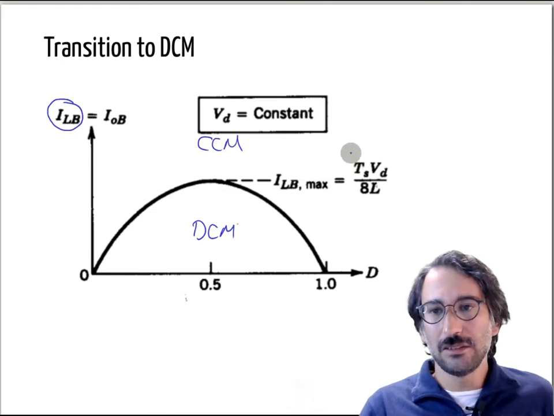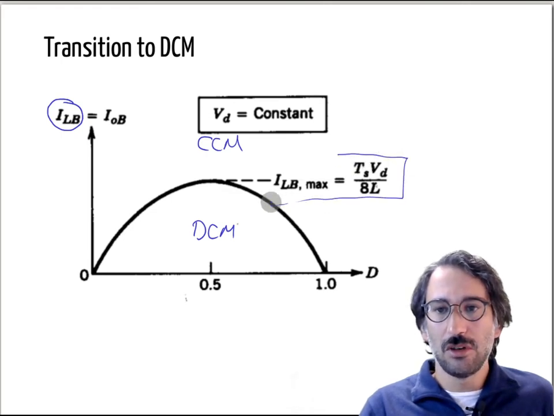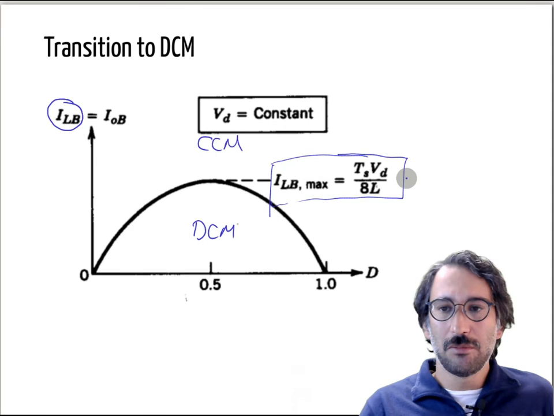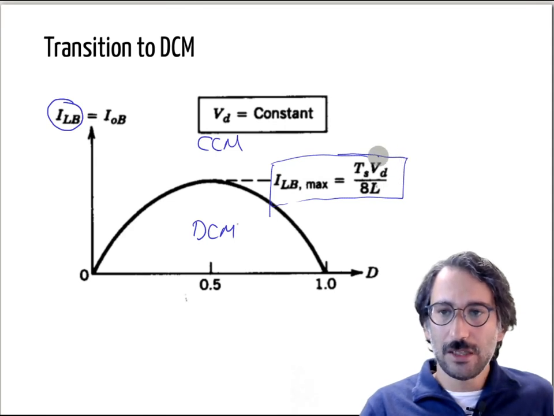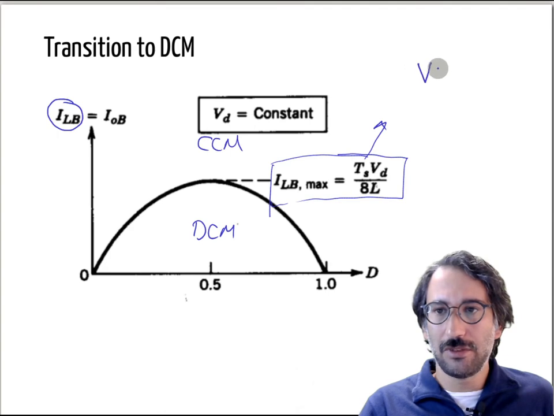Again, it's not a bad thing to operate in the DCM mode, but let me rewrite that one: TS is equal to 1 over Fs, so VD divided by 8L Fs.